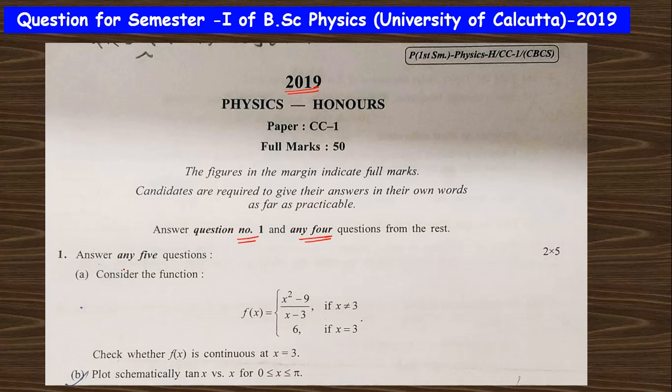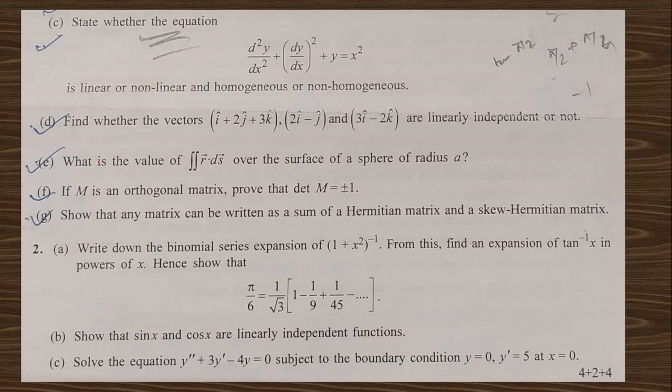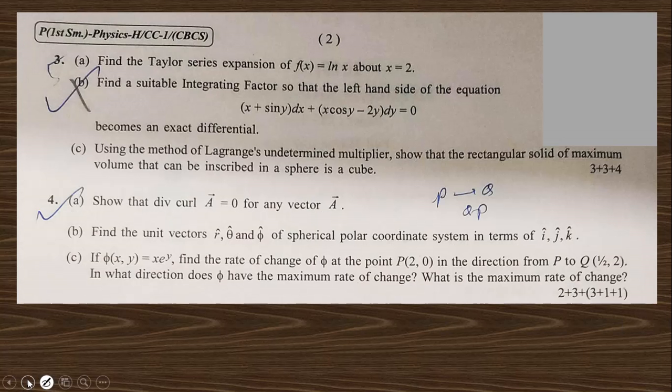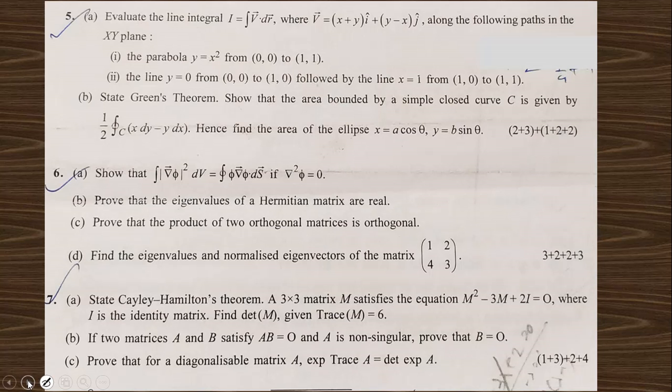In question number 1, you need to answer any 5 from the parts up to G. That means you need to answer 5 out of 7 questions in question number 1, and then there are questions 2, 3, 4, 5, 6, 7. So there are another 6 questions out of which you need to solve 4.